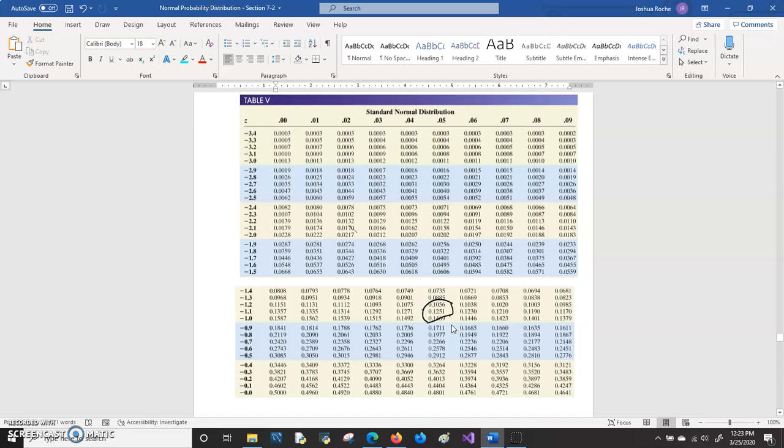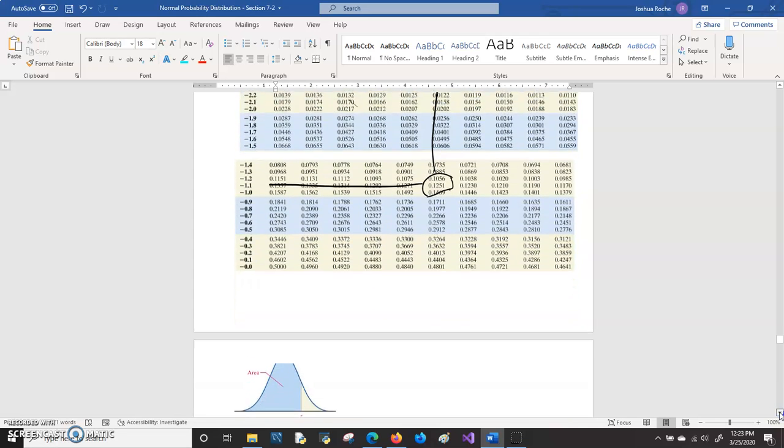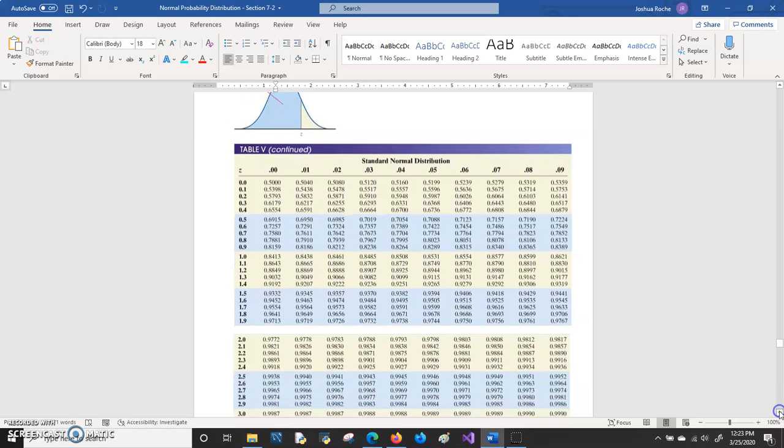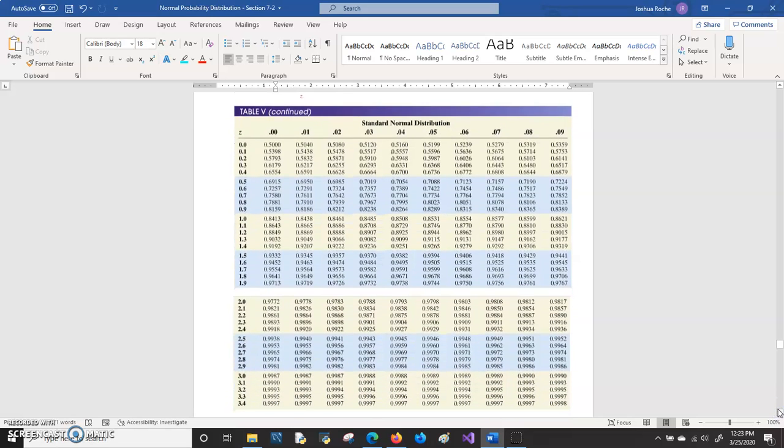The z-score for that is negative 1.15. That'll be one z-score we'll use eventually. Now we want to find an area that's close to being 0.875. Let's look for something that's close to being 0.875.